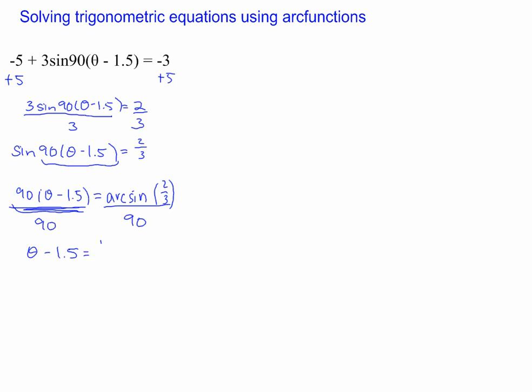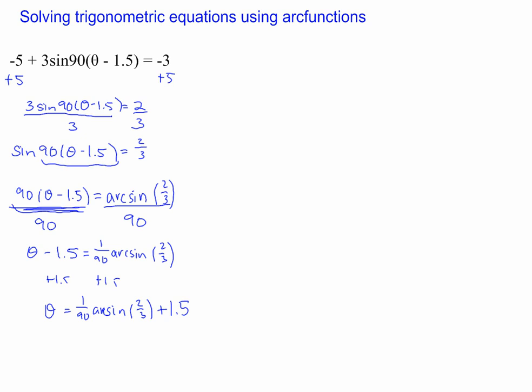So I'm going to write this instead as 1/90th arcsine 2/3, right? Because multiplying by 1/90th is the same thing as dividing by 90. And then all I have to do is add 1.5. That's easy. Plus 1.5. And I get theta is equal to 1/90th arcsine 2/3 plus 1.5.